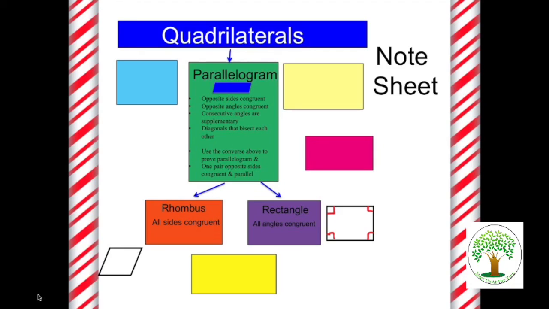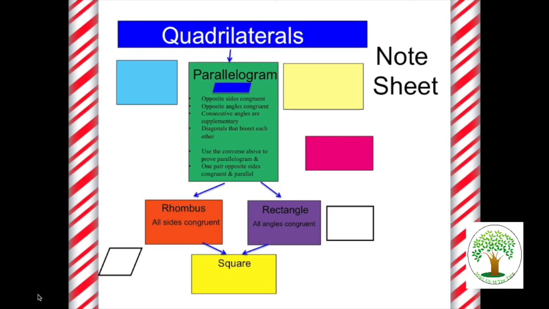Questions so far? All right, the next thing we're going to do is combine both rhombuses and rectangles together for one shape. A shape that has all sides congruent and all angles congruent. Can anybody tell me what they think that might be? A square. That is exactly right.